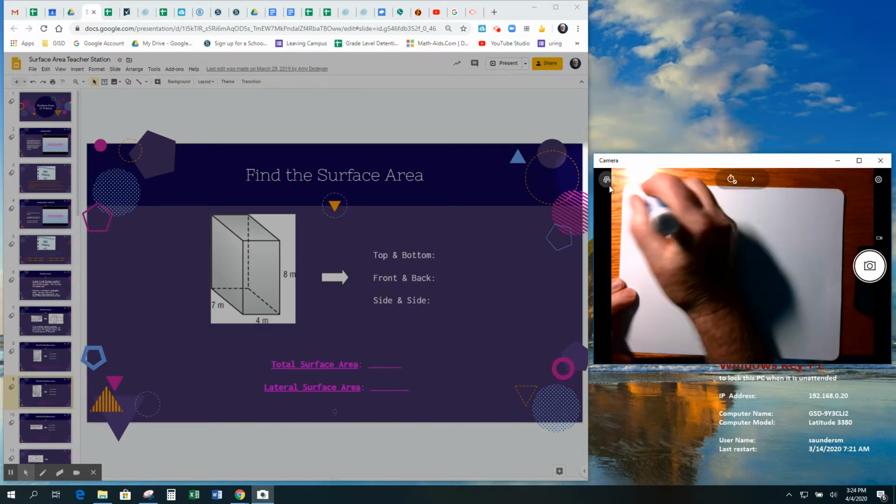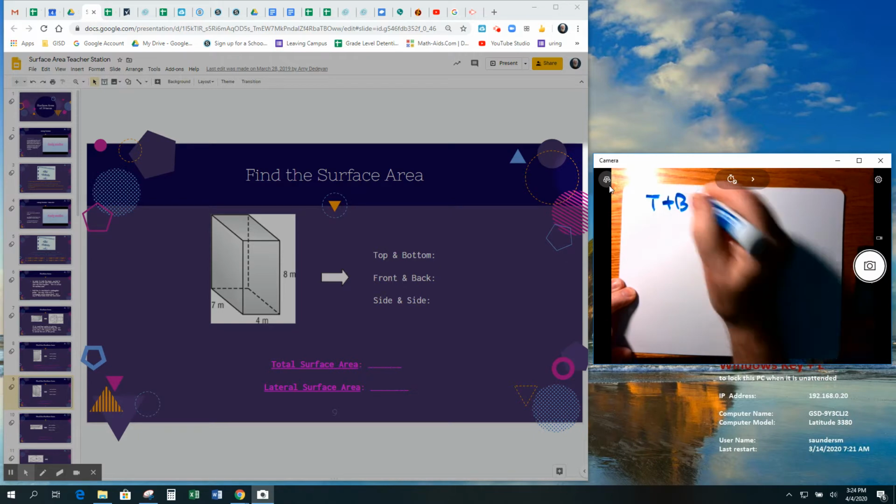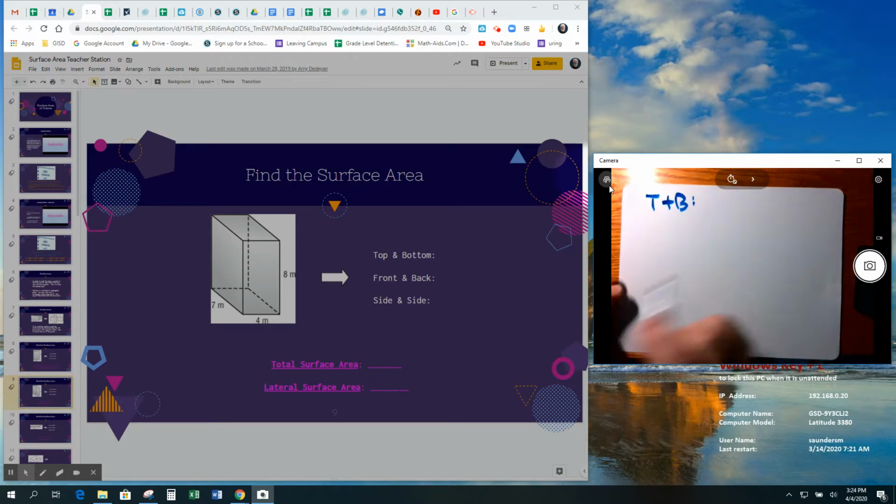So top and bottom. The top and the bottom are these 2 surfaces right here. So this will be the top and this will be the bottom. These are actually the bases of our rectangle.